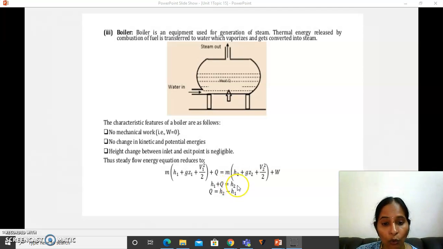At the outlet you will get the energized outcome, because you are supplying heat, and that heat is added to the enthalpy of water. That is why increased enthalpy steam comes out as the outcome. So if you know the purpose of each and every equipment, it is quite simple to follow the final forms of the equations.